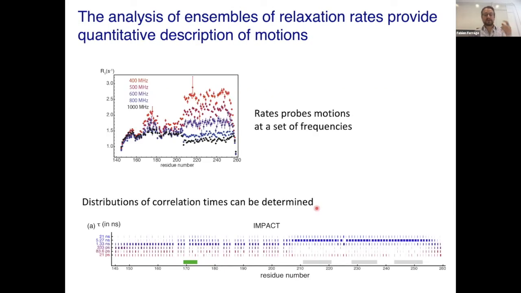So in this more introductory part, I showed you that measuring a series of rates at a series of magnetic fields was a good way to probe motions at different sets of frequencies. And we can think beyond the typical model-free approach to analyze this data.